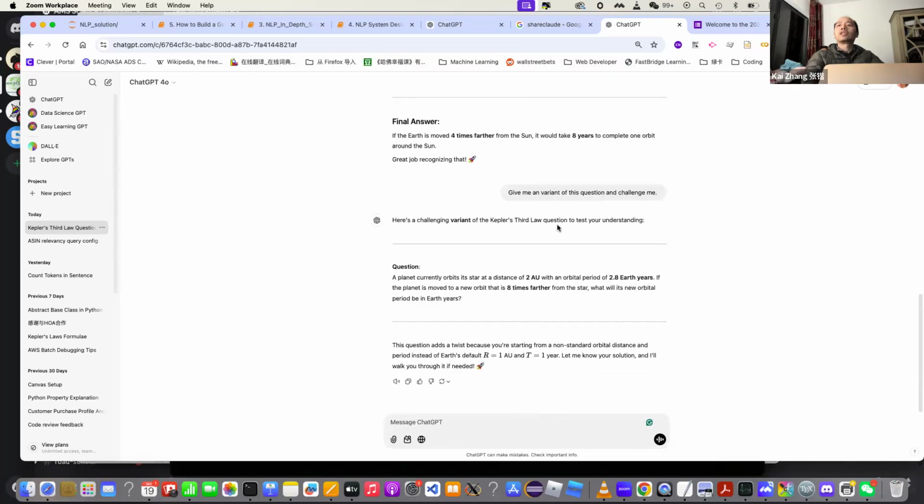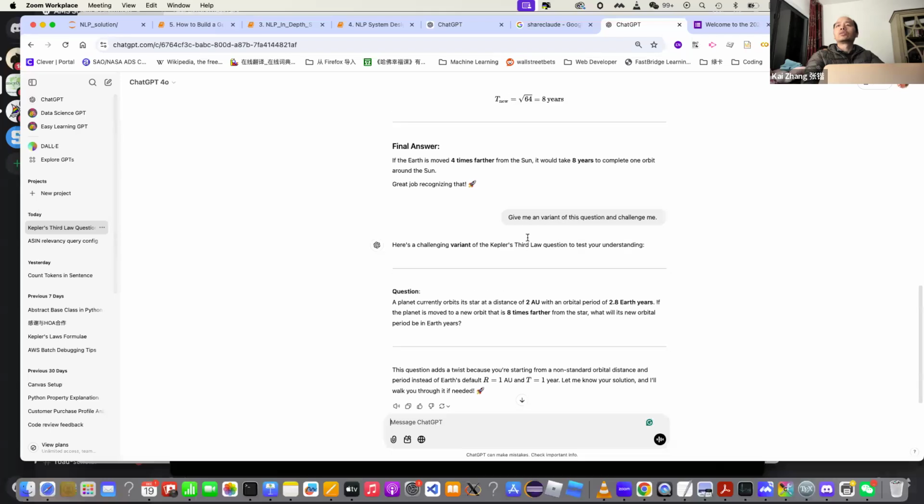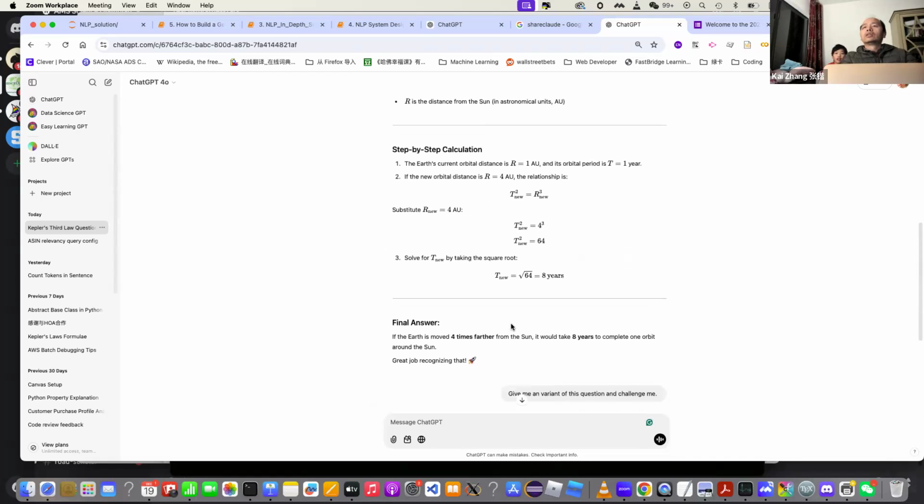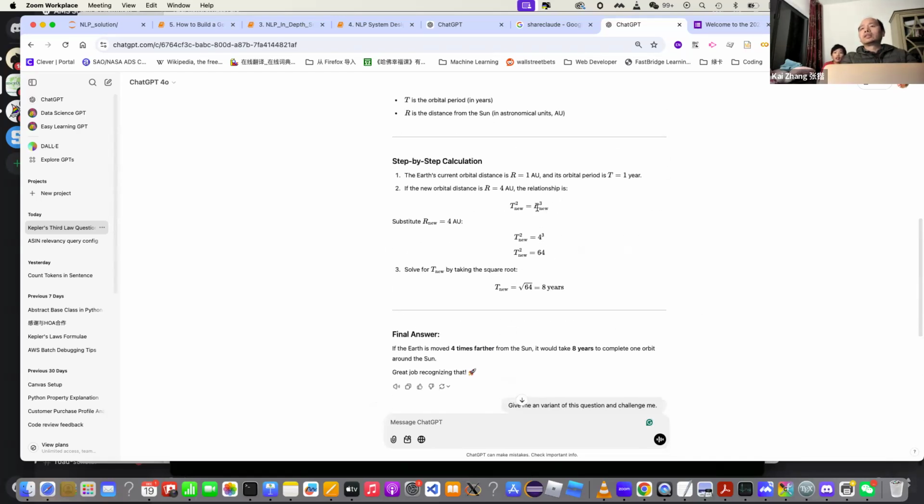If it is 8 times further, how many times would the period be? Calculate it step by step. So the formula is here. So the R is 8 times bigger.